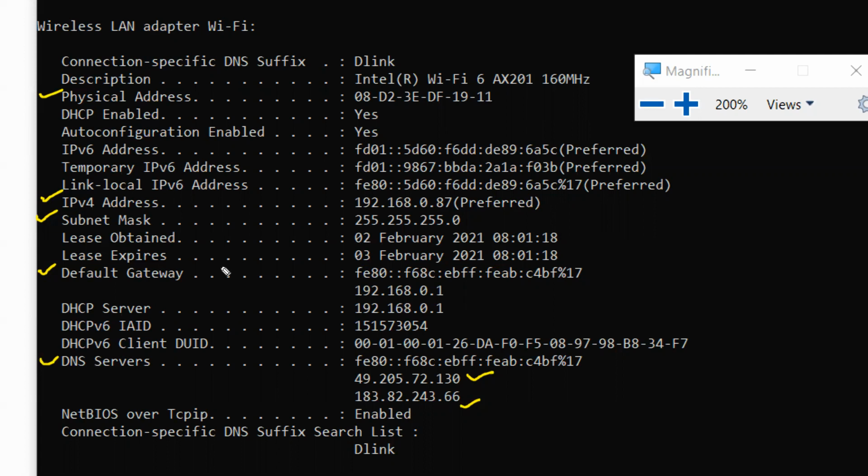But the IP address is 32 bits. Bit means binary. We can't understand that, that's why they converted it into decimal. See, 192, 168, 0 dot something. This is called decimal format, and they put the dot. That's why it is called dotted decimal notation.